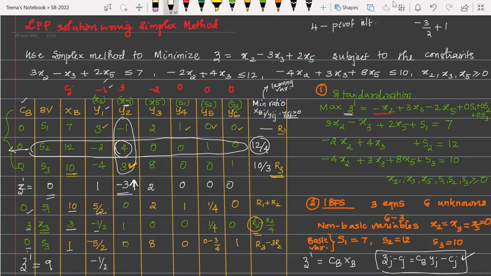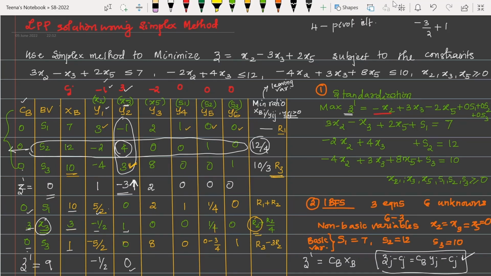Now the net evaluation corresponding to the second column, it is 3 into 1, 3 minus the cost written on the top, so 3 minus 3 equal to 0. So you can see that this x3 column is a basic column right now. X3 has become a basic variable, so its net evaluation is equal to 0.